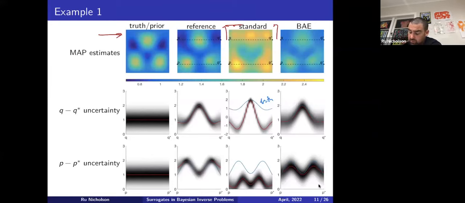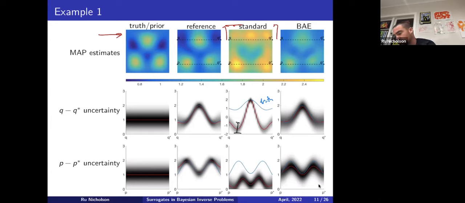And it's especially bad when one considers the associated uncertainty estimates, which are these intervals here. We can see that the truth is essentially completely outside the posterior, which essentially says that the truth is impossible.